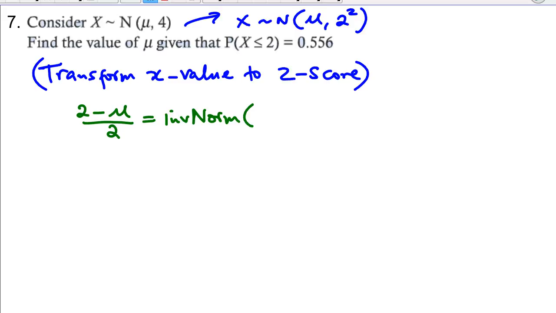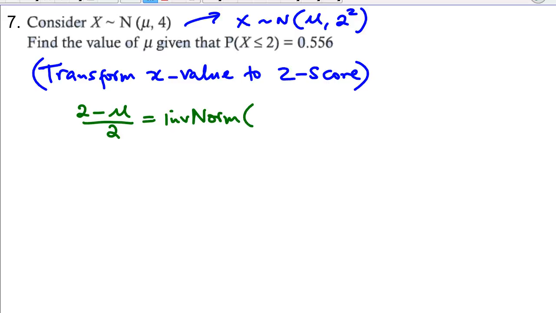Now remember, inverse normal gives us the X values, but since we transform to a z-score, it will give us the z value basically on the standard normal distribution. So this is z-score, so it gives a z value on the standard normal curve.